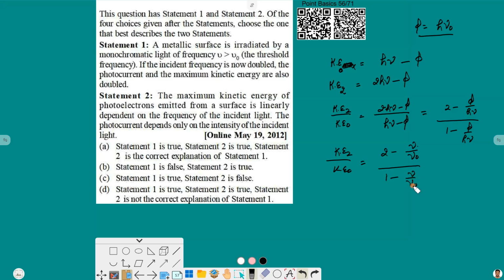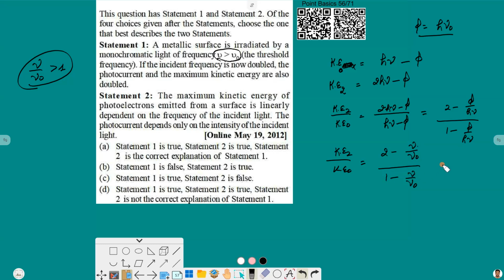Now it is known to us that nu is greater than nu naught, so nu by nu naught is greater than 1. That is the basic assumption here. Let us take this ratio as 0.1 for the sake of convenience.